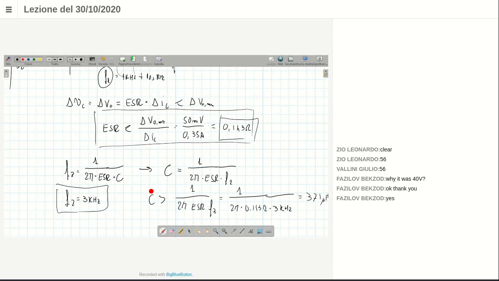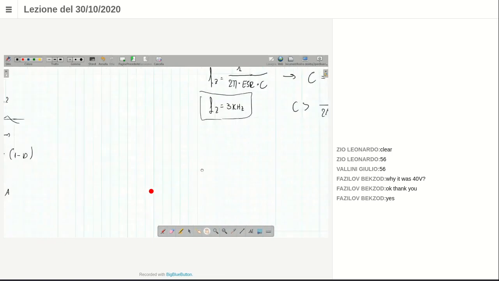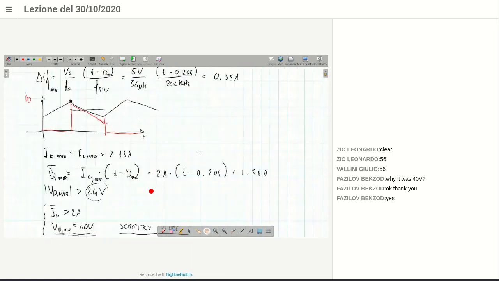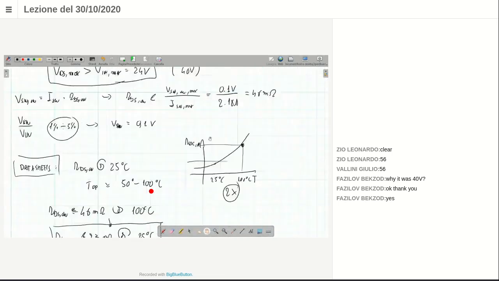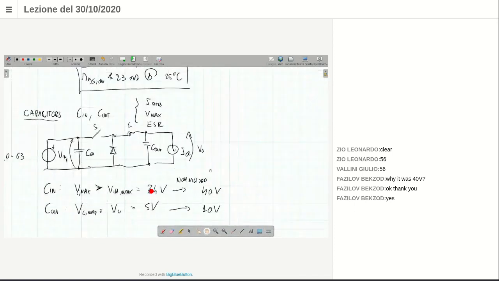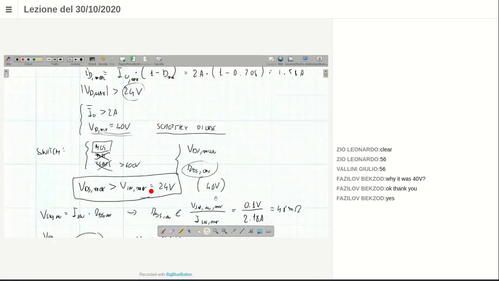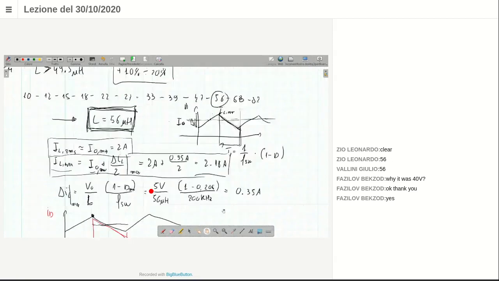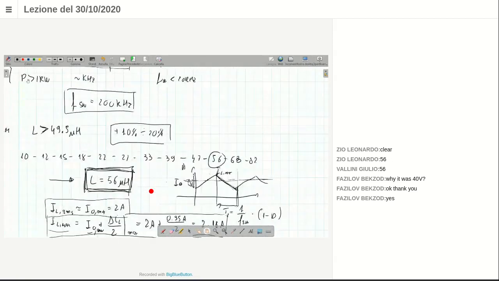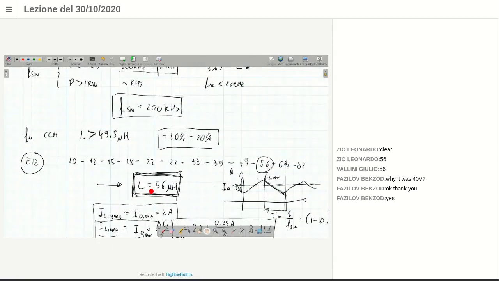Again, we can choose the capacitance following the E12 series, the first one we discussed. Let me show you again. They follow the E12 series.